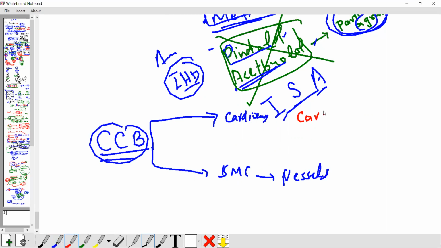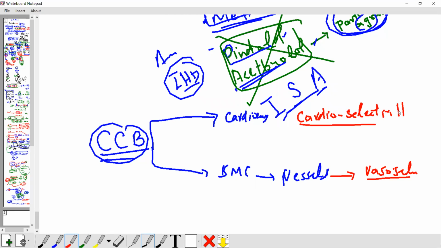Some only act on the heart, cardioselective. Some only act on vessels, vasoselective. If they act on the heart, they decrease the heart rate. If they act on vessels, they cause vasodilation.